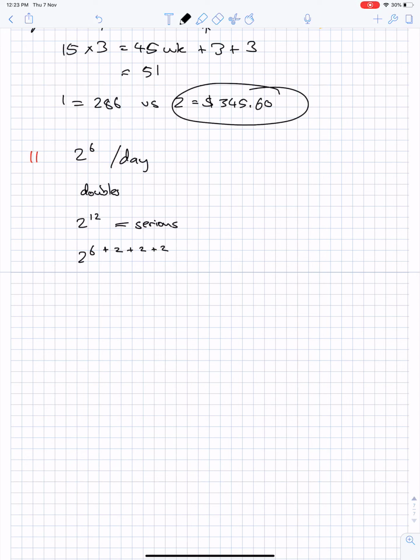So in a matter of 3 days, 1, 2, and 3 days, the disease is serious. Right? Because 2 to the power of 6 plus 2 plus 2 plus 2 equals 2 to the power of 12. So 3 days, the disease becomes serious.